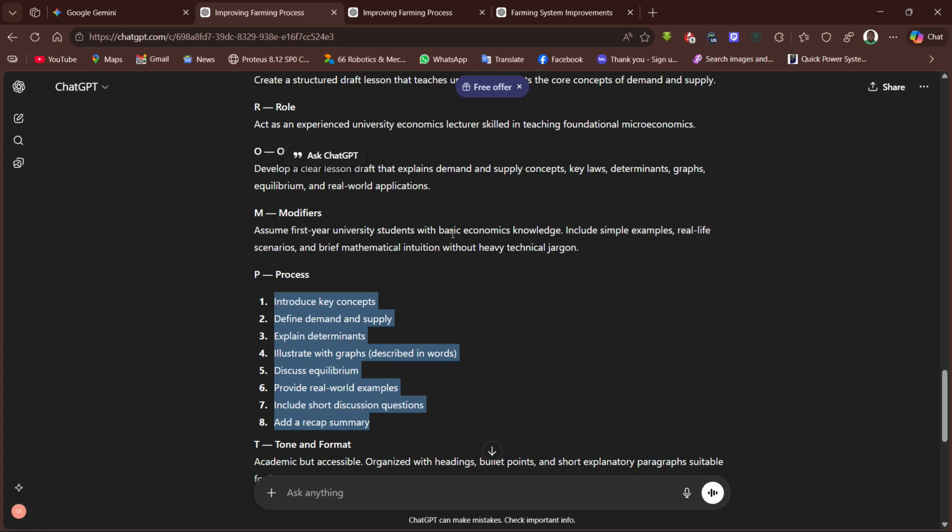Maybe you can say this is not basic economics, this is deep-level economics. Maybe looking at a bigger economy like the economy of the United States of America. Include simple examples, no. Use complex real-life examples, brief mathematical intuitions without heavy technical jargon. So basically you can update this as you want.